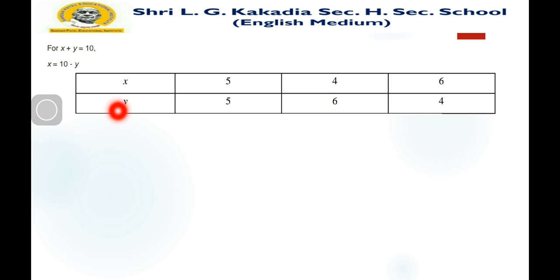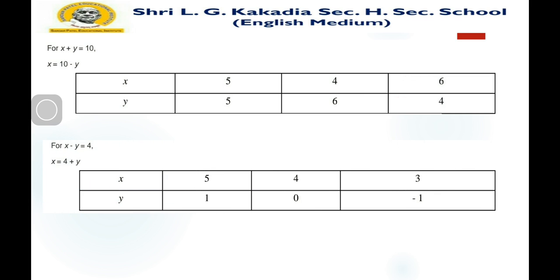If we put 5, then we get x is equal to 5. If we put 6, then we get x is equal to 4. If we put 4, then we get 6. So here the coordinates of this line are A (5, 5), B (4, 6) and C (6, 4). Now about the other line, x minus y is equal to 4.